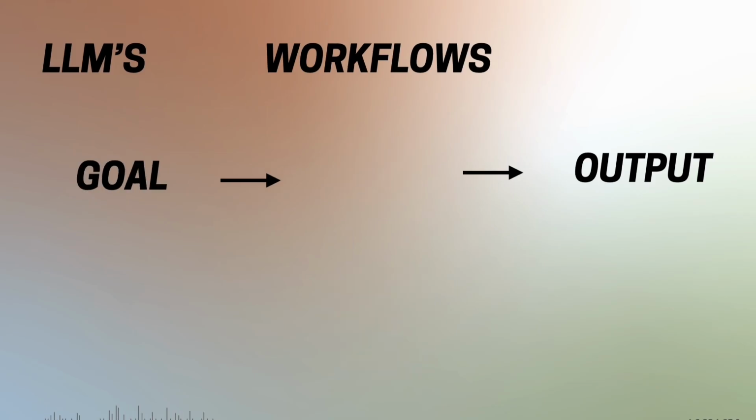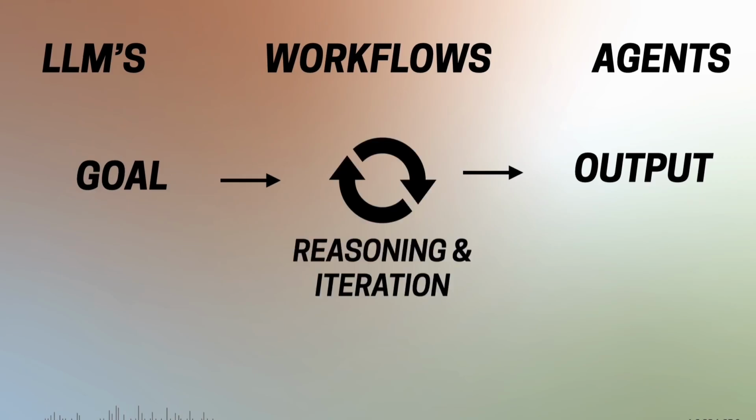Then level 3, we have AI agents. These are autonomous, goal-based systems. They reason, act, and iterate until the job is done. AI agents are so exciting because they are not just task-based programs. They act like members of your team. They take away the repetitive, data-heavy, decision-based work so you can focus on moving your business forward.